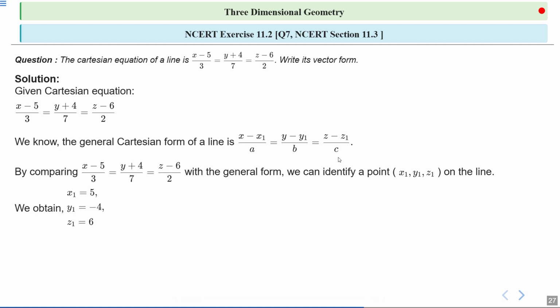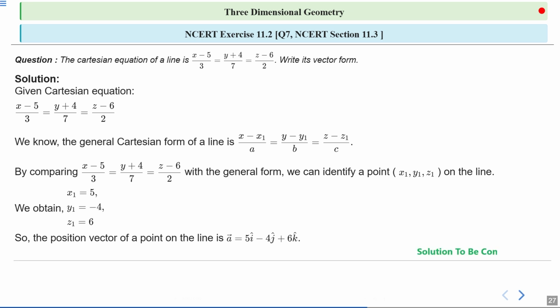From this comparison, we see that x1 is 5, y1 is -4 and z1 is 6. So the position vector of this point is 5 i cap minus 4 j cap plus 6 k cap. This vector points from the origin to the point 5, -4, 6 on the line.